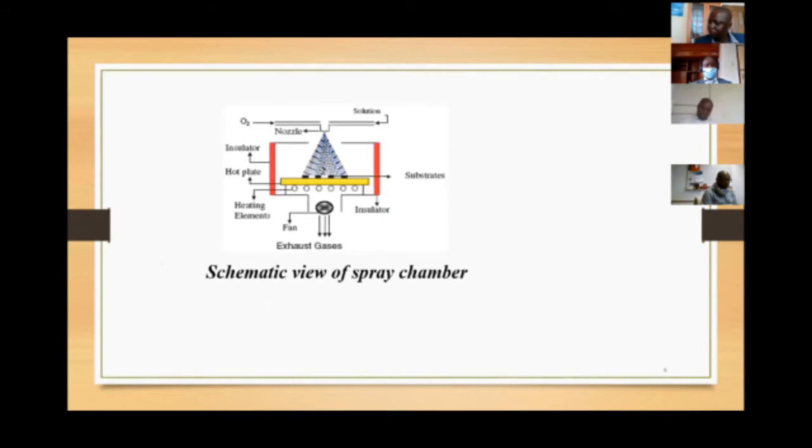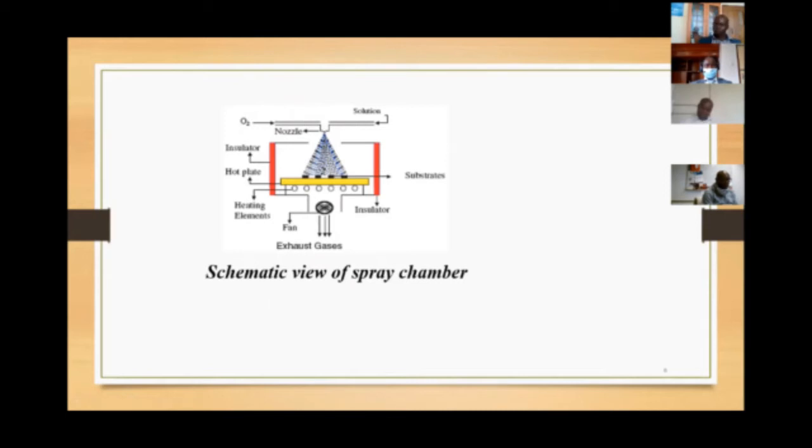The schematic view of the spray chamber is this one. This is where I put my substrates, the glass substrates. This is a hot plate. There was also air coming in, generally oxygen, and the solution was passing through these valves. Then it was sprayed.